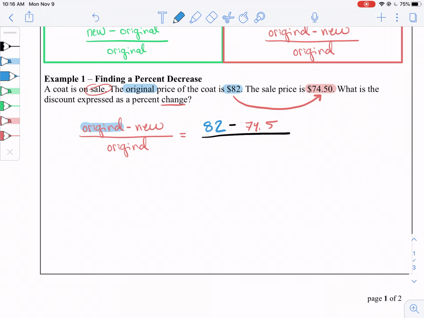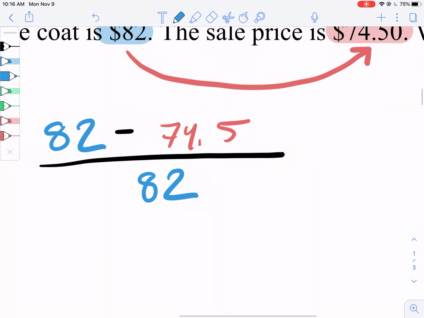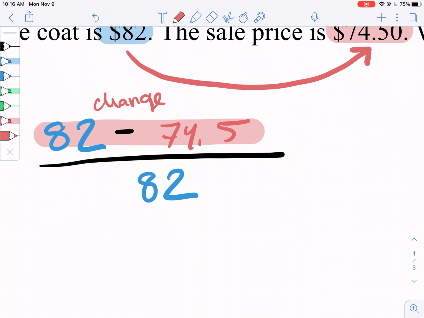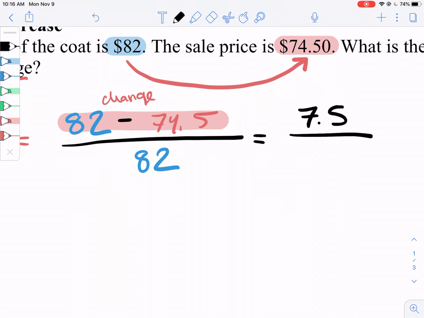All over our original price, which is still $82. So what we're doing here is finding how much it changes. This is going to be the change in price. What was the change from 82 down to 74.5? Well, that's a change of $7.50. That's 7.5 over 82.